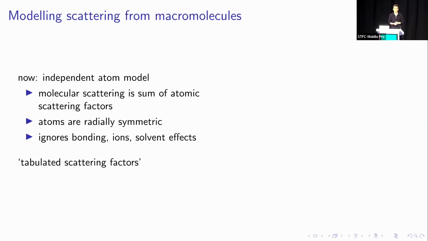So bonding, ionization, screening by solvent. And what this means is that every atom in your molecule scatters in the same way as a free atom floating around in a vacuum.